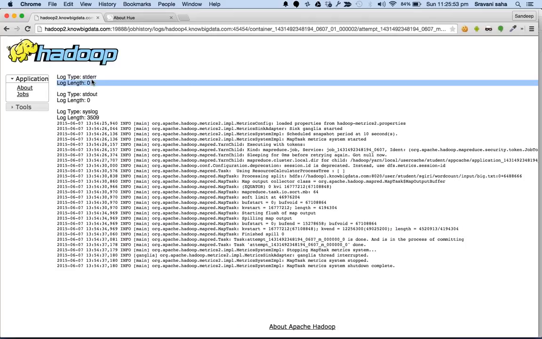If your program has printf everywhere, those things will come here. I'm talking in context of Java developers. So if you are using system.out.println, all of that will come here. If you use system.err.println, it will come here too. That way you can debug your program and understand what's going on. Any print statement you put in the map function is going to be printed here.